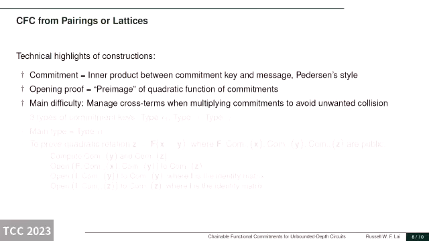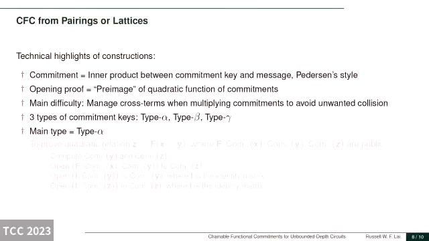Since a commitment is just an inner product between a commitment key and a message, when we multiply two of them together, we get a lot of cross terms. And the difficulty that we solve in the construction is to manage these cross terms so as to avoid unwanted collision.